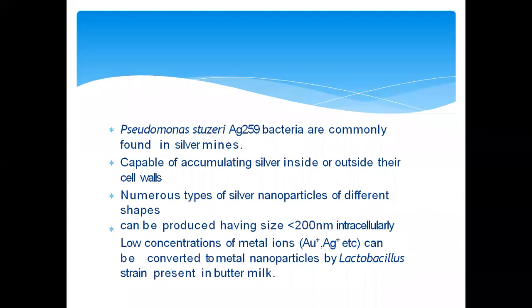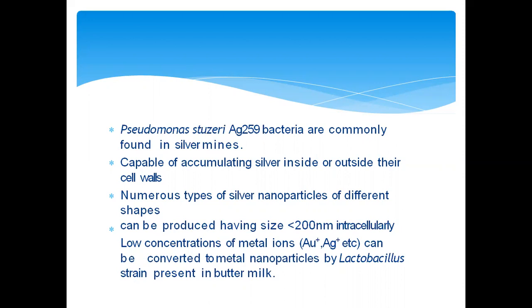They have a mechanism of transport in and out of the material that you have studied earlier in this course of cell biology. From that process, the ions of that material come inside the bacterial cell. Then they accumulate those metal ions inside the cell wall, and outside the cell wall also.